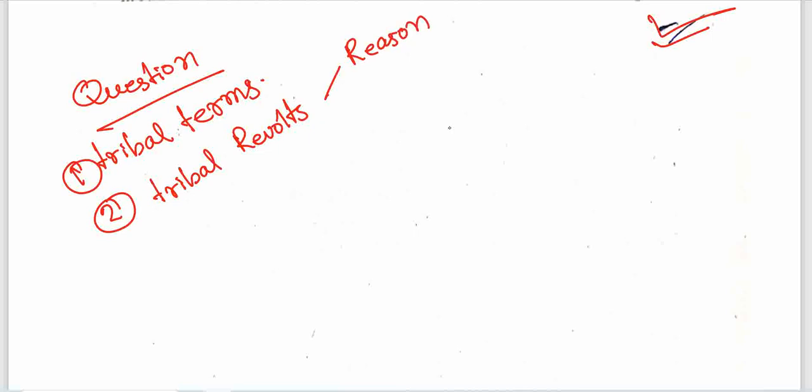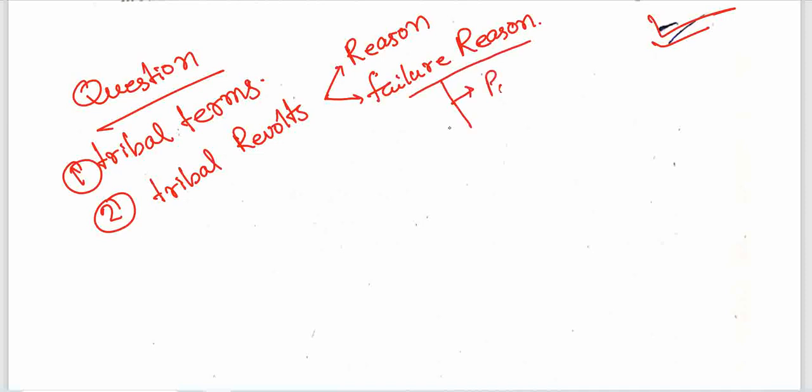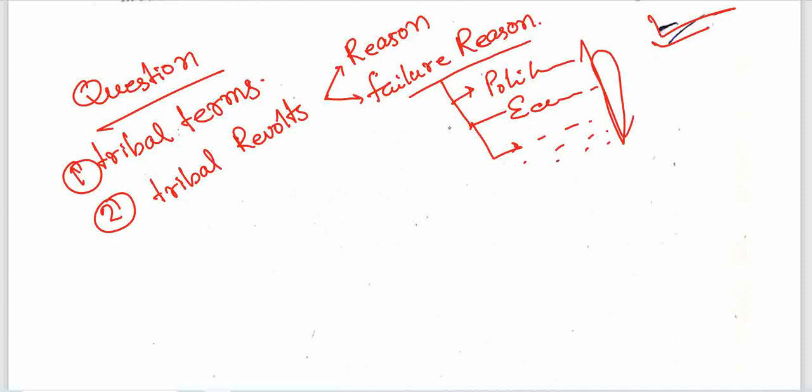Again, their suppression, the restrictions on forest rights, and the reasons for failure. We can further divide the reasons into political reasons and economic reasons. I can definitely add lack of unity, lack of arms and ammunition, etc. These can be important points, so I will add them as well.